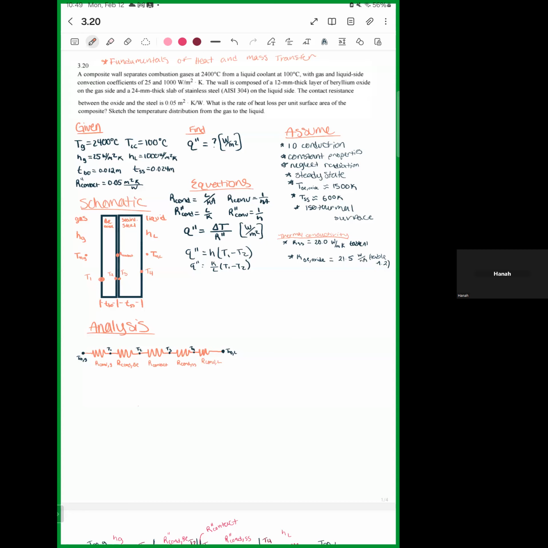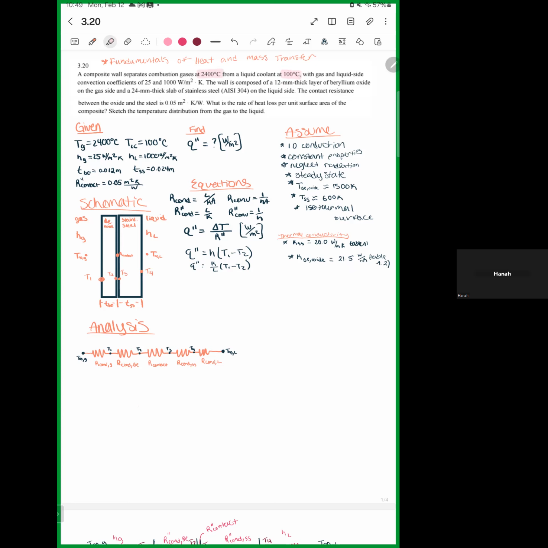So a composite wall separates combustion gases at 2,400 degrees Celsius, so we have Tg, from a liquid coolant at 100 degrees Celsius, we have TLC, with gas and liquid side convection coefficients of 25 and 1,000 watts per meter squared Kelvin.